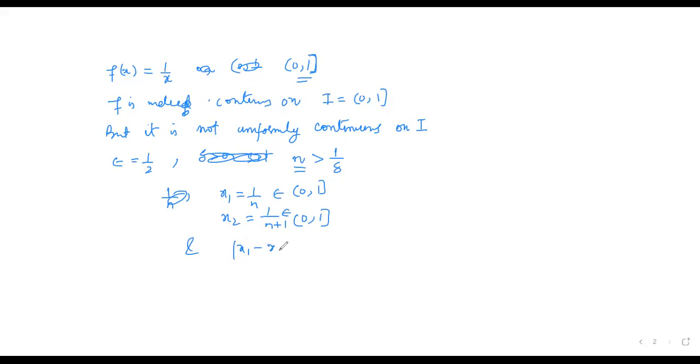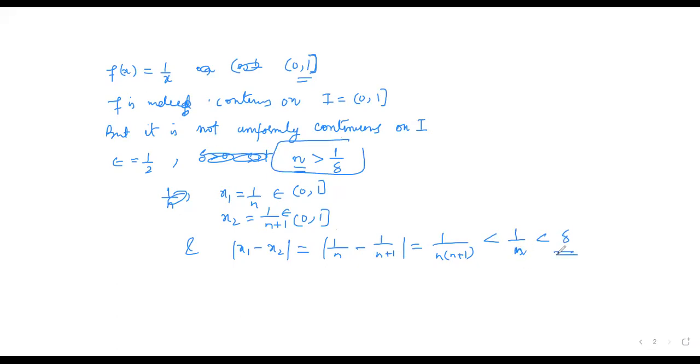Furthermore, x1 minus x2 is equal to 1 by n minus 1 by (n plus 1), which is 1 by n(n plus 1), which is of course less than 1 by n, and which is less than delta by my assumption because n is bigger than 1 by delta.